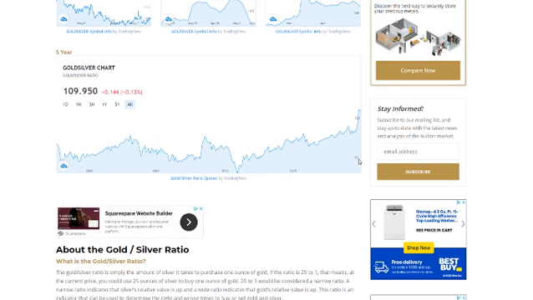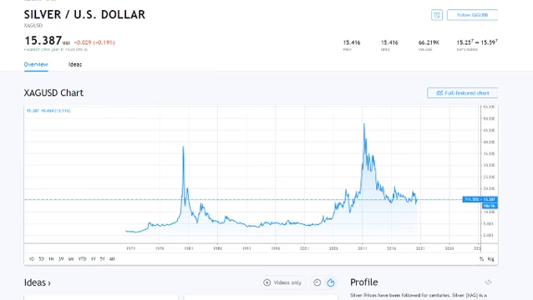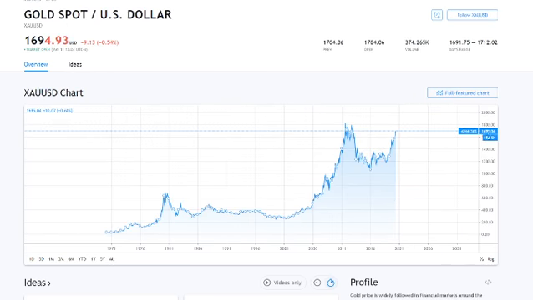That would mean that you would have about 45 ounces of gold in your possession. That's insane. That's a lot of wealth, especially if gold is still near this $1,700 per ounce mark. That's some phenomenal returns.